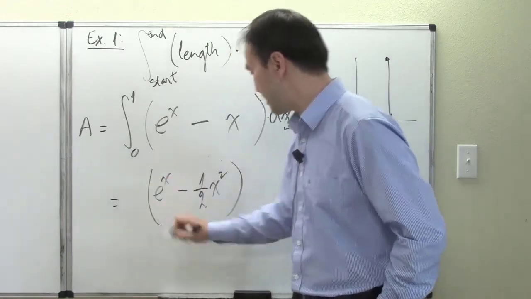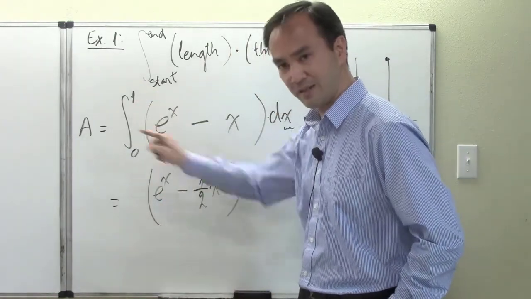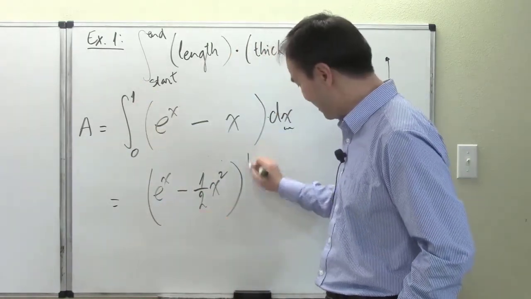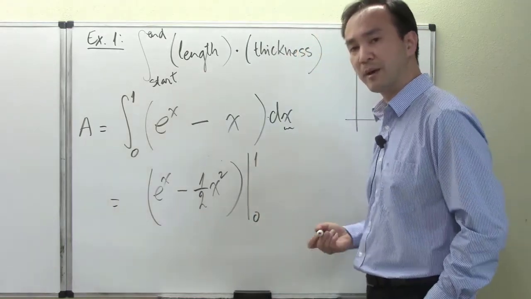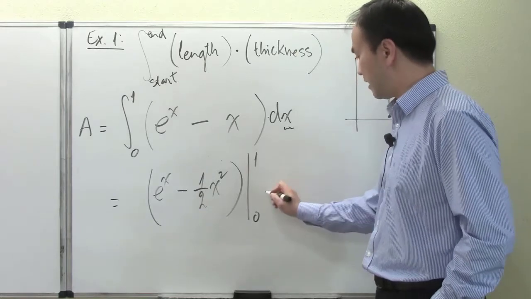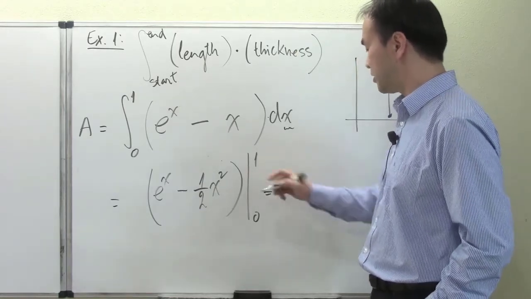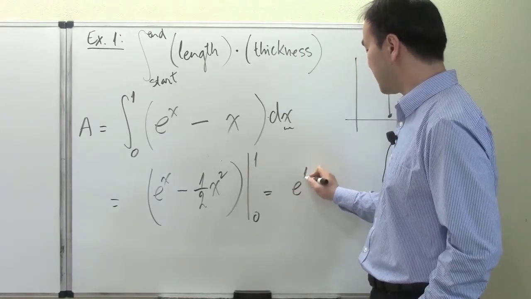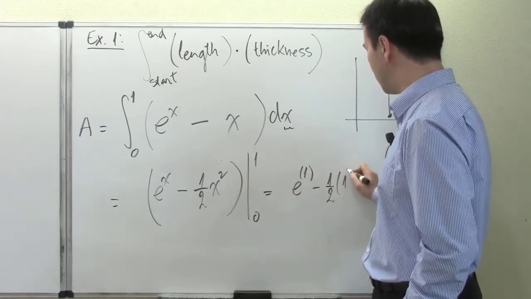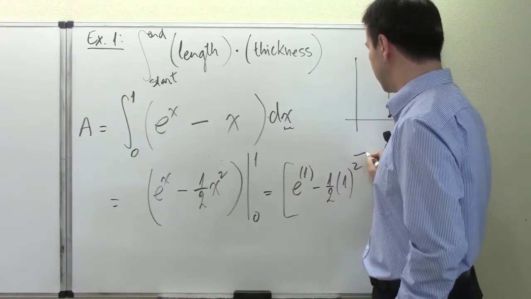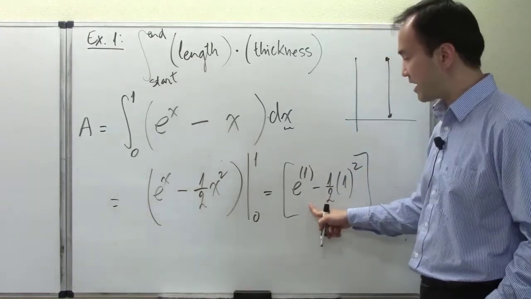And then from there, we don't need to carry that symbol anymore. Now we're evaluating from 0 to 1 according to the fundamental theorem of calculus, so we can simply substitute values in. So e to the first power minus 1/2 times 1 squared, that's the antiderivative evaluated at 1.